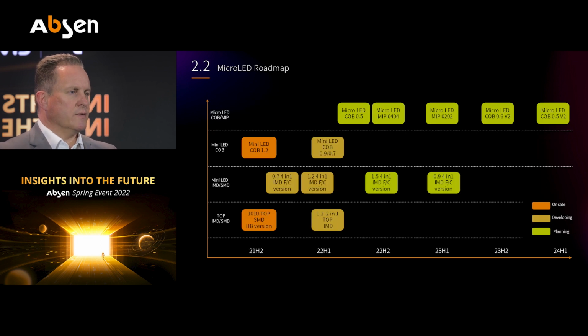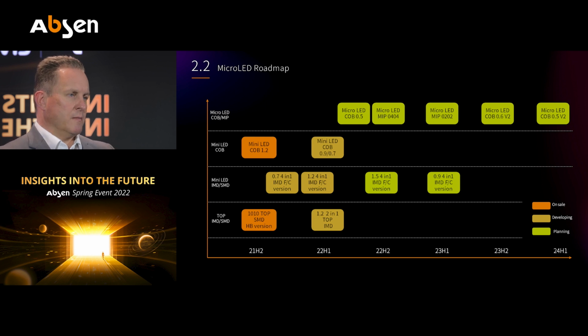This is an overview of the LEDs which we already do have in our portfolio. You can see on the left-hand side the mini LED in the COB 1.2, where we also have the mini LED or the micro LED in the COB. You can see above, as a kind of forecast, that we are planning for micro LED going to 0.5 millimeter pixel pitch as well.